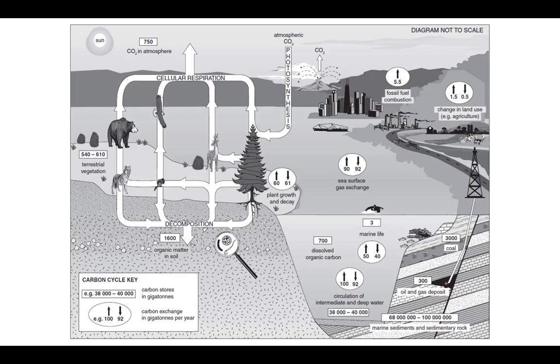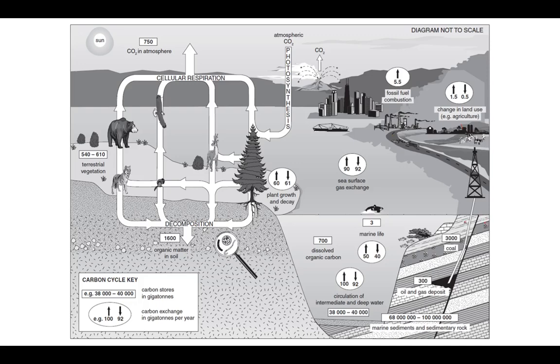One of the carbon sources we really like, of course, is oil and gas, but we also take advantage of coal, which you can see here. We bring that carbon out, we use it, we burn it, and then it puts it back into the atmosphere. Okay, so this is the natural process, this is the human side of that effect.